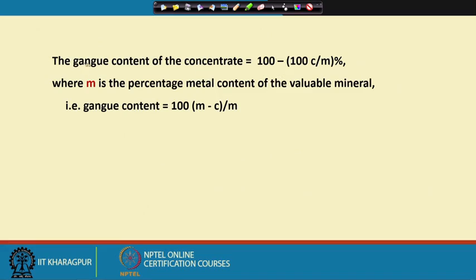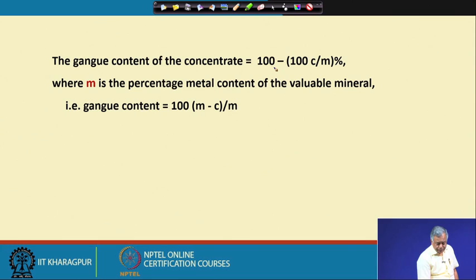So, that is what this is saying: the gangue content of the concentrate is 100 minus 100 c by m, where the small c is the concentrate grade. So, if c is equal to m, then the gangue content will be 0.